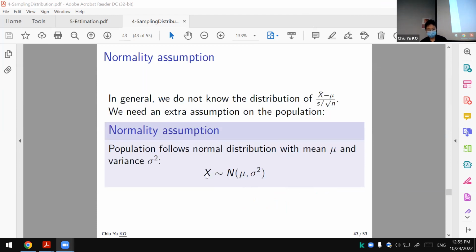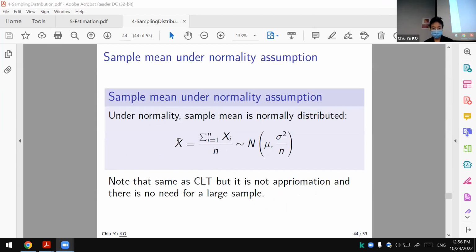So if this is normal, the sample mean is also normal, okay? Because remember we learned with the bell curve, adding two bells, one bell plus two bells, is equal to three bells. So you add many bells.